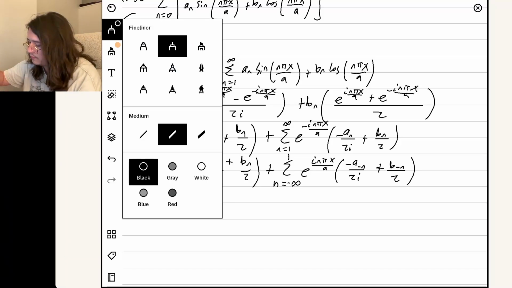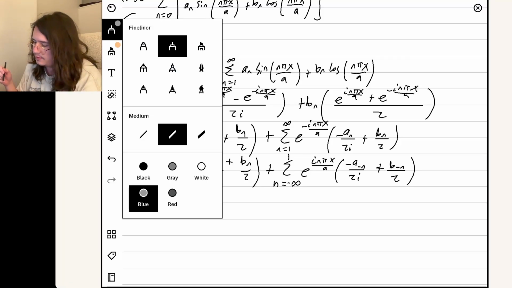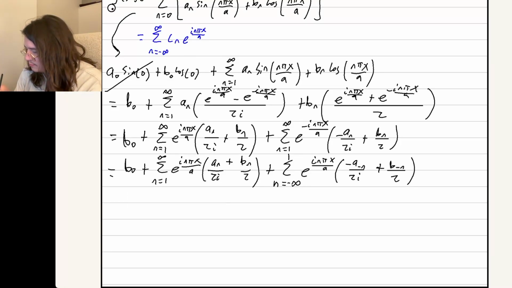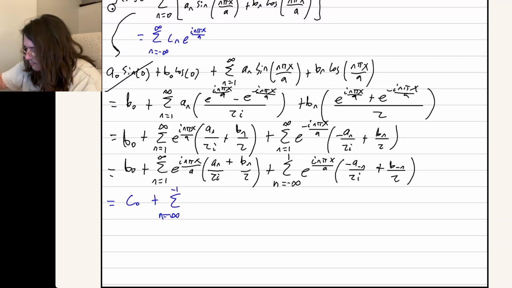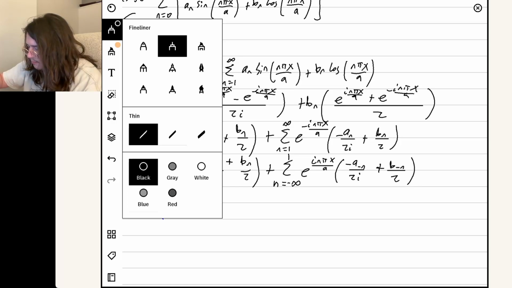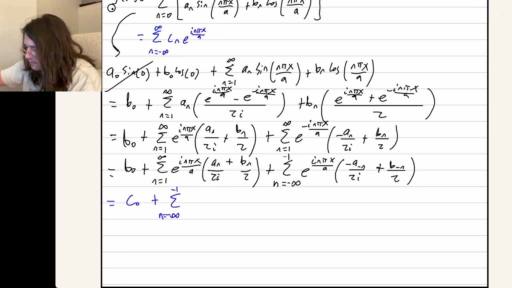Comparing with the other form of the Fourier series, I'm also going to explicitly write out the 0th term, so c0, and then e to the 0 is just 1, so it's just that. And then you get a couple of different sums, because 0 is in the middle of minus infinity to infinity. You'll have one where n is running from minus infinity to minus 1. I was definitely meant to change the sign here. That should be minus 1.